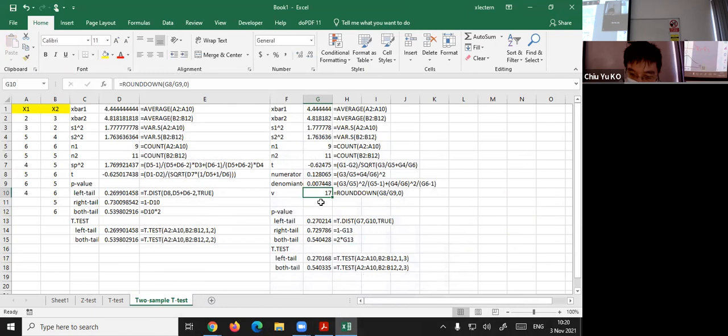But you can easily check how we worked it out. That's how you get s1 squared over n1 plus s2 squared over n2, squared, and then this will be s1 squared over n1, squared, divided by n1 minus 1. Same for that.